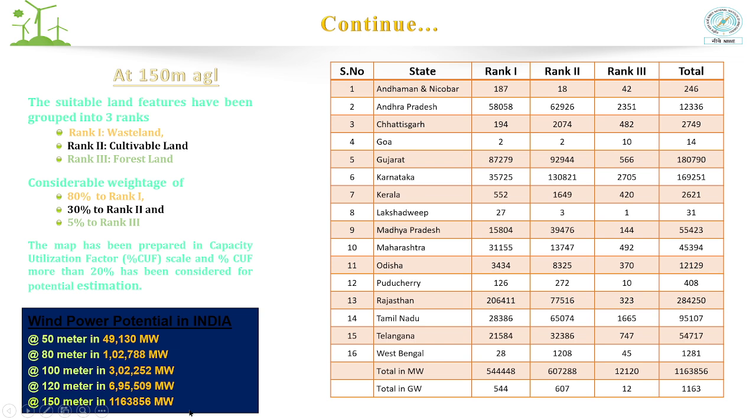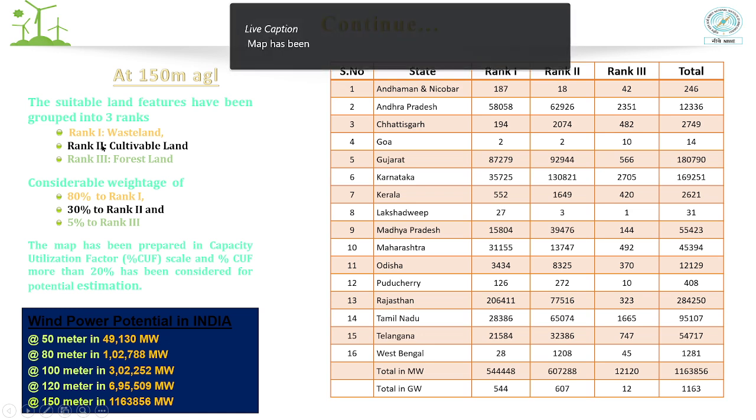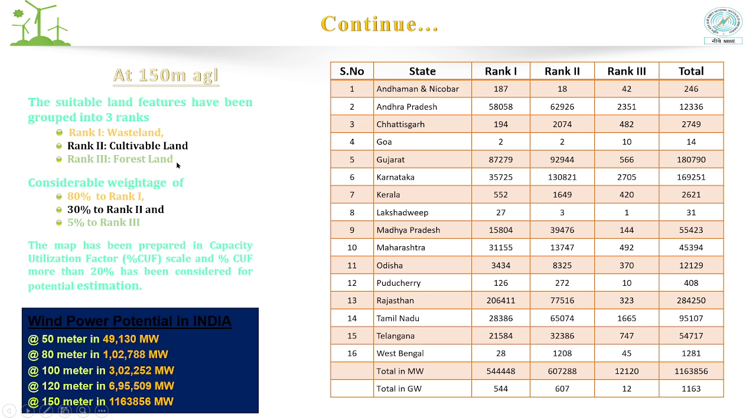Is it clear? No, I'm unable to follow this line. Let me tell you. The map has one, land availability, and those are understood. In the land availability, some fraction of rank 1 wasteland, some fraction of cultivable land, 30%, 5% of the rank 3 forest land has been considered.